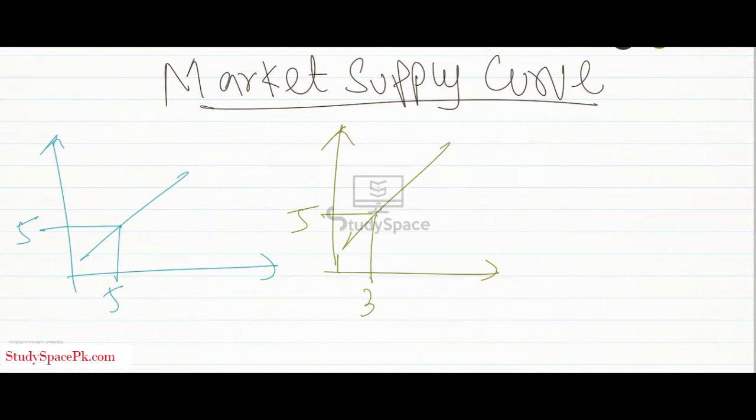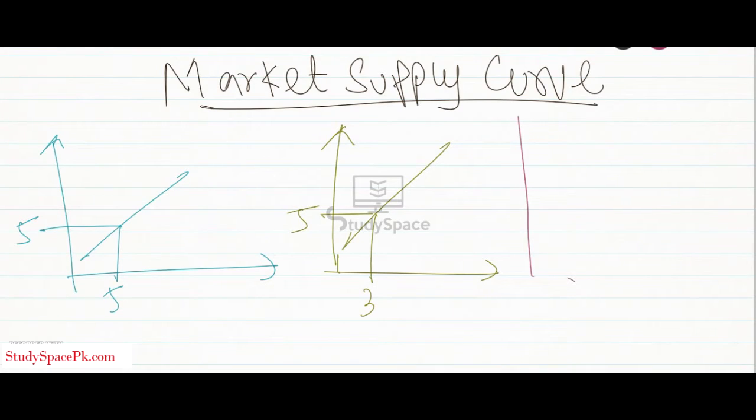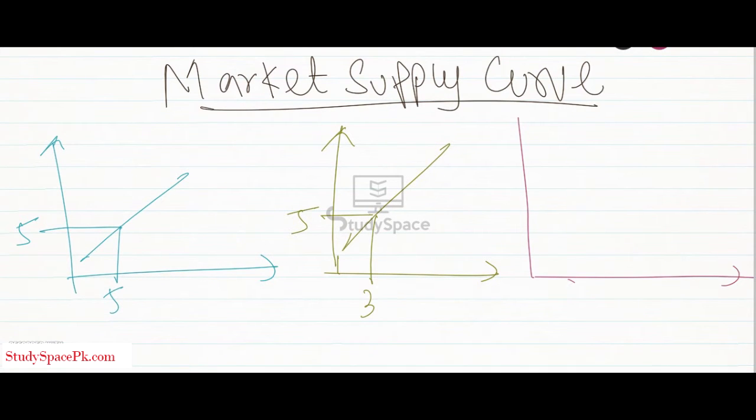The market supply curve is the horizontal summation of all individual supply curves. In this case, the market supply curve would be something like this: at the price of 5 rupees, the market supply would be 8 units of the good.